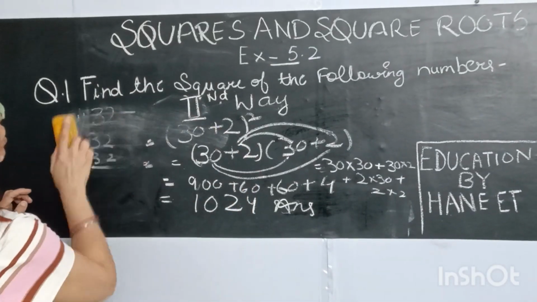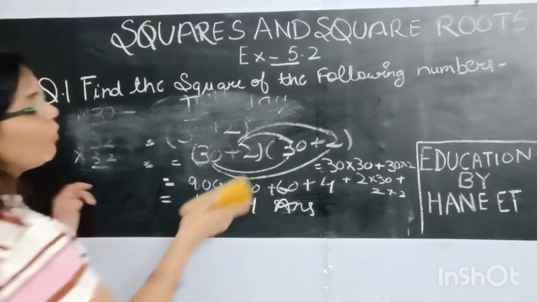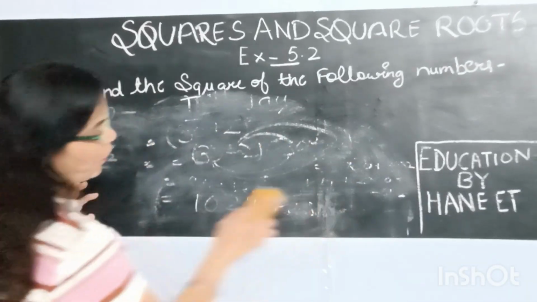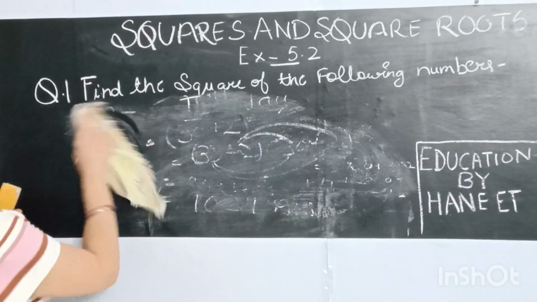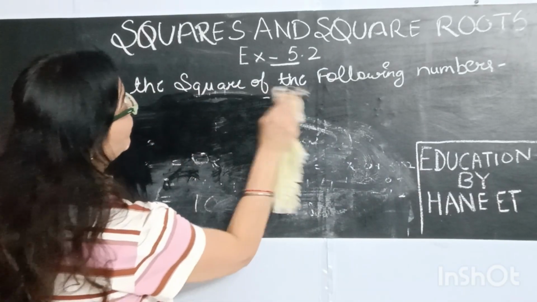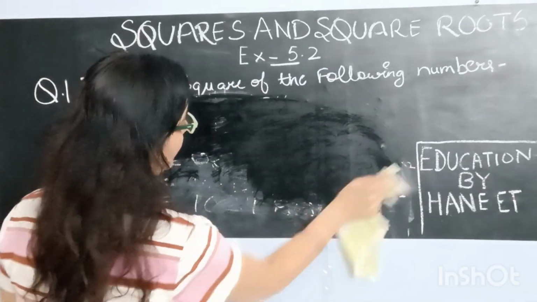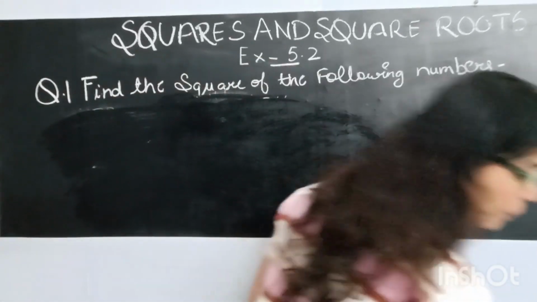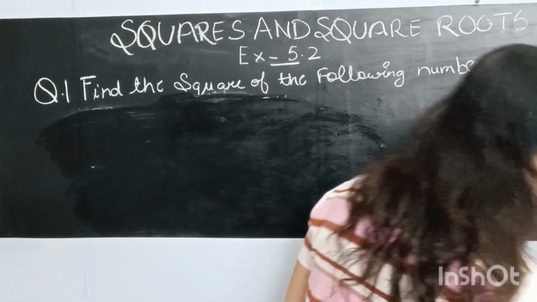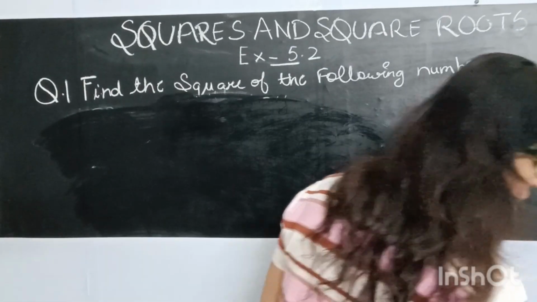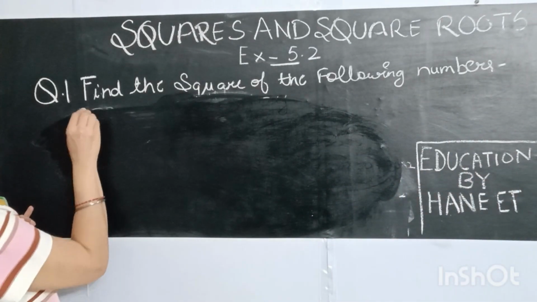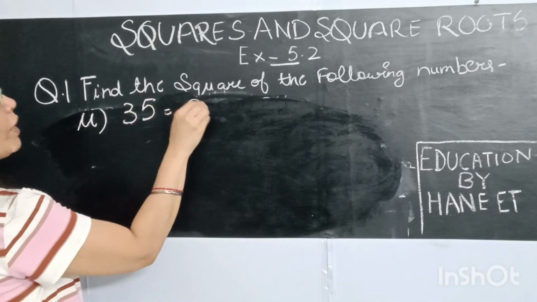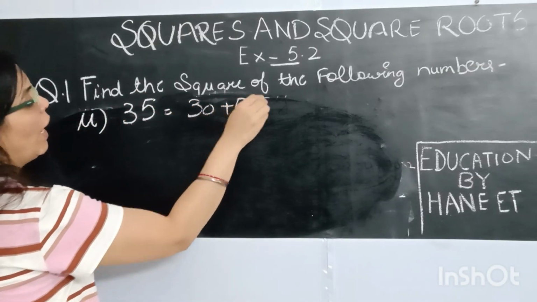Now the second question. I will be following the second way in all the questions. So let's see the second question. The second part is 35. Okay. So we break 35 as 30 plus 5 and whole square.